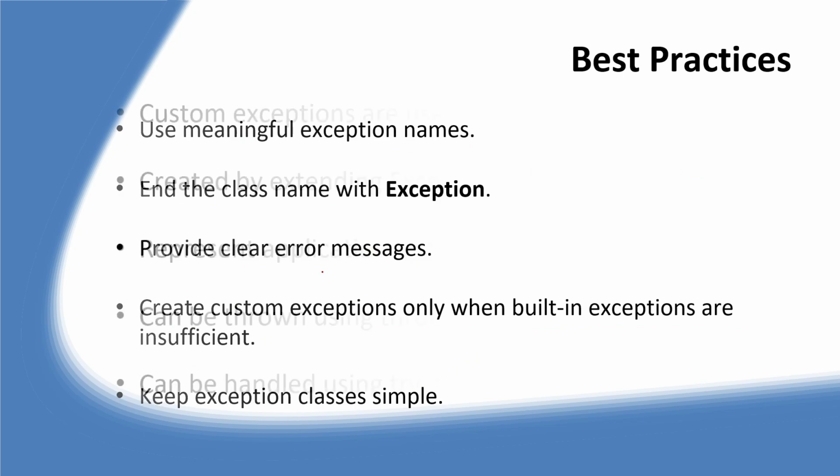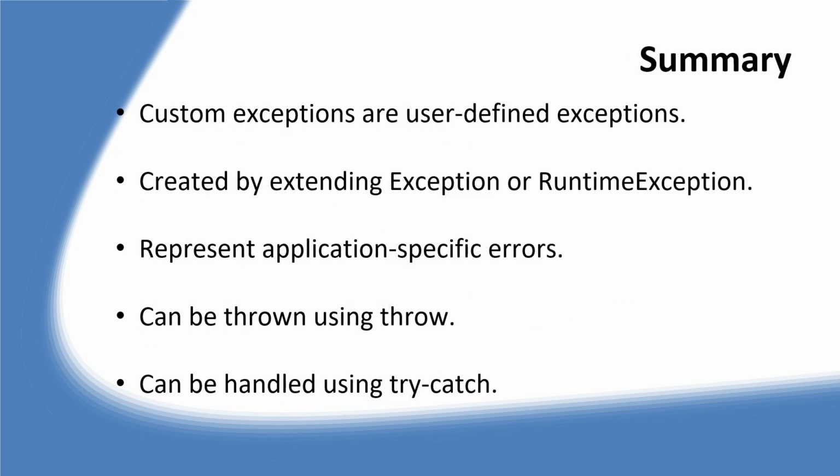So let's quickly summarize what we have learned so far. Custom exceptions are user-defined exceptions. We are defining them, that's why the name is called custom exception. Second point, created by extending Exception class or RuntimeException.